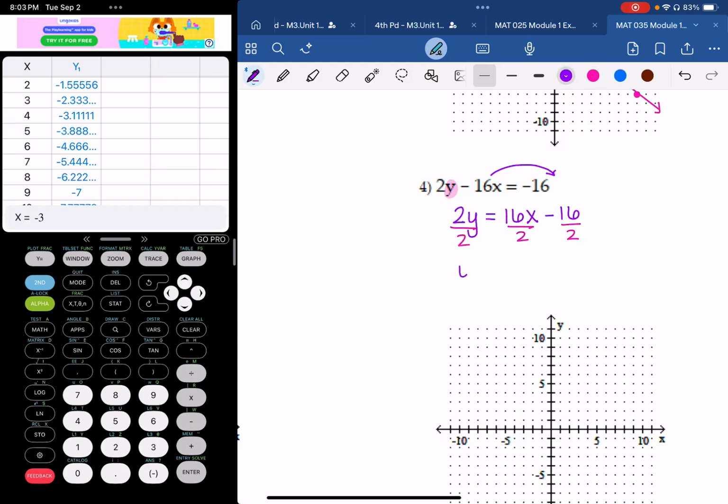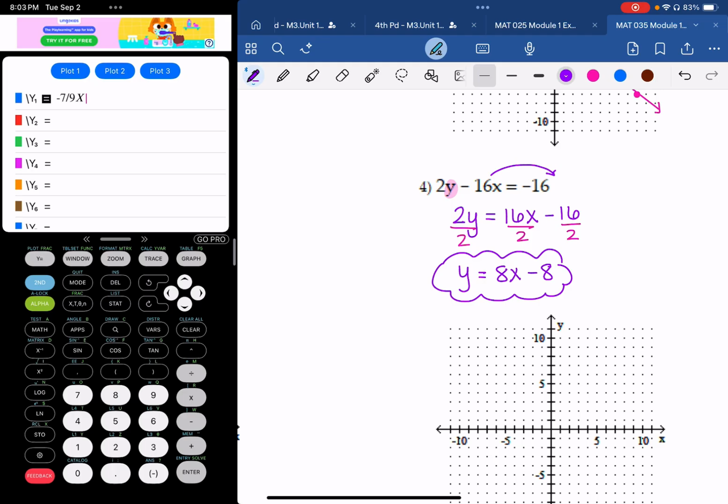And now I just have y equals 8x minus 8. And now I have something I can put in my calculator because it's y equals. So I'm going to go to y equals, and I'm going to graph 8x minus 8.